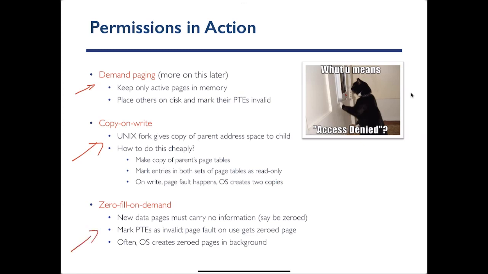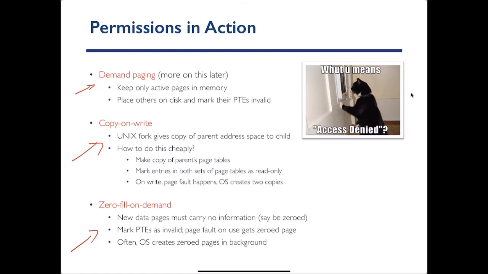Lastly, zero fill on demand. The idea is, whenever you allocate memory to a process, to provide security and privacy, it's better to remove any previous data that was stored in that region.